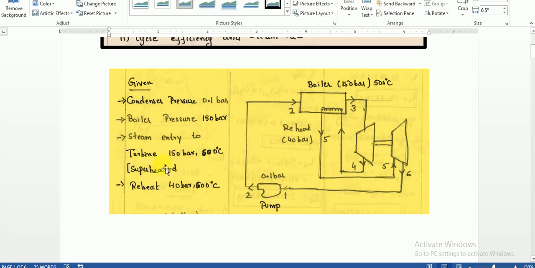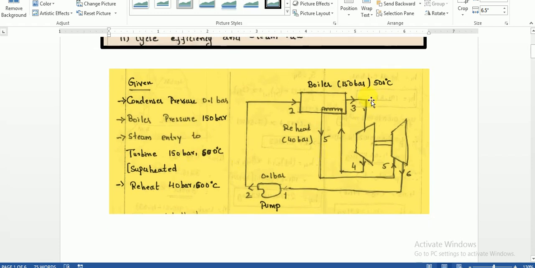So at 150 bar, the saturation temperature should always be less than the given temperature, then it is always superheated. Here also, if you look in the steam table at 40 bar, note down the saturation temperature, it is less than 600 degrees Celsius, then it is superheated. So at any given pressure, if the temperature is above saturation temperature, then it is superheated steam.